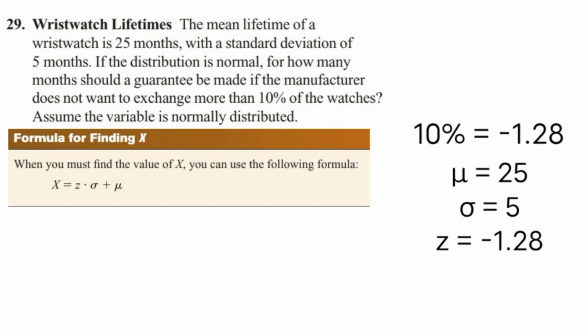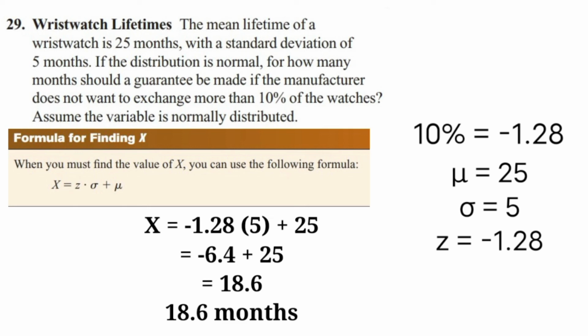So we will use the given formula where x is equal to z multiplied by standard deviation plus the mean. So we will have negative 1.28 multiplied by 5 plus 25. Negative 1.28 multiplied by 5 is equal to negative 6.4, and negative 6.4 plus 25 is equal to 18.6. So the final answer is 18.6 months.